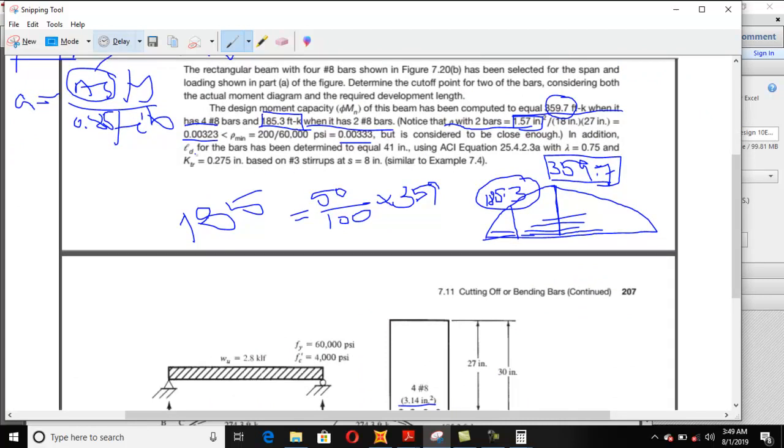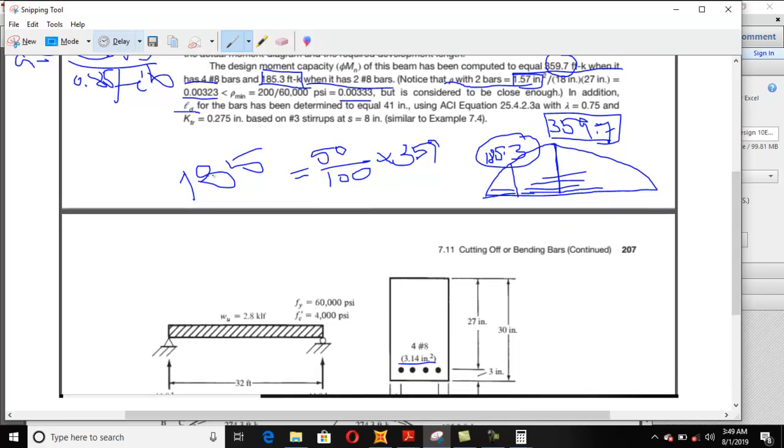In addition, now he calculated ld. The whole procedure I did in lectures 2 to 5 and 6, those lectures are the basis of the calculation of ld, how we calculate ld.